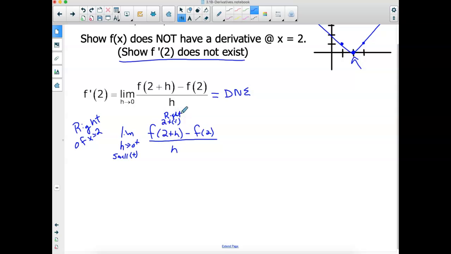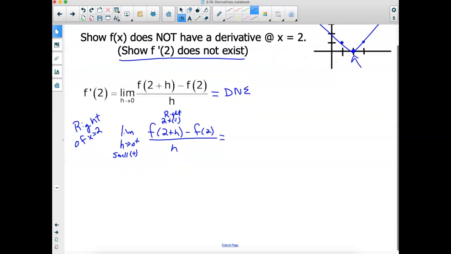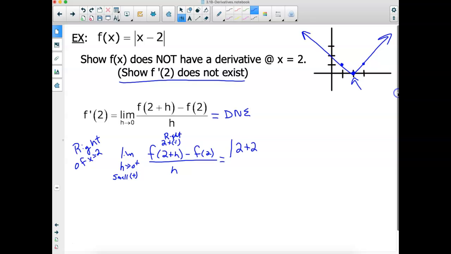Now, what is f of 2 plus h? Well, I've got to plug my 2 plus h into f of x. I can't see my function, I should really keep that there. I plug my 2 plus h in for my x, so the absolute value of 2 plus h minus 2, minus the absolute value of f of 2.